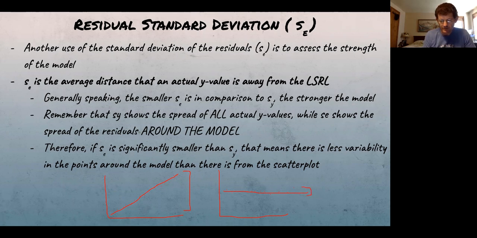So if I compare the residuals in this one now to this, the fact that my standard deviation for the residuals is so much smaller than for the y values, that shows me this is a very powerful model, okay? And that's useful if all they give you are these two numbers. Then you can conceptually say, oh, this is a pretty strong model. So hopefully that visually is making sense.